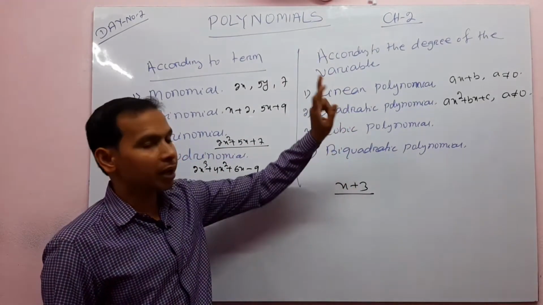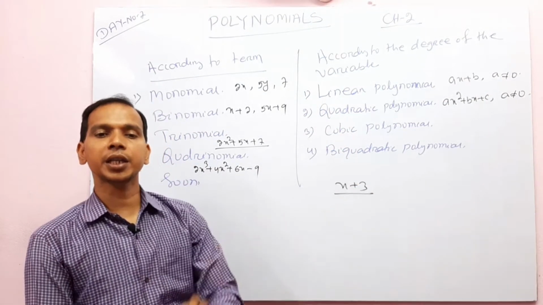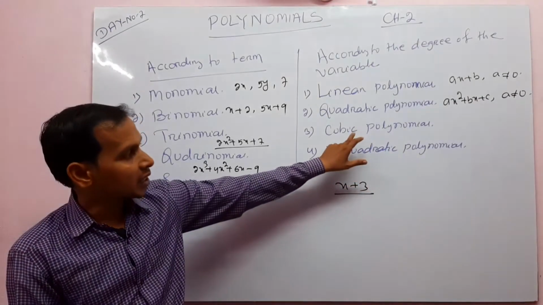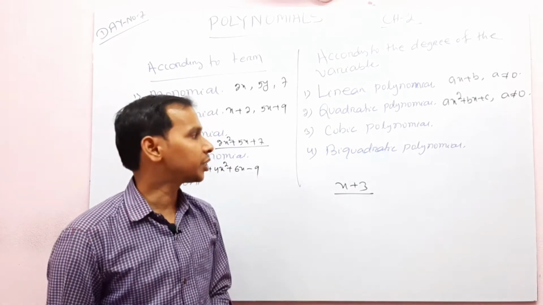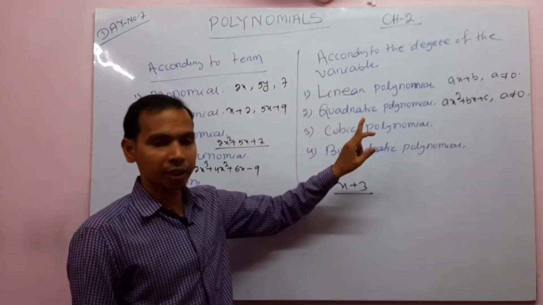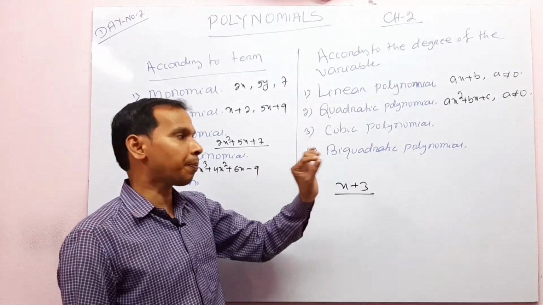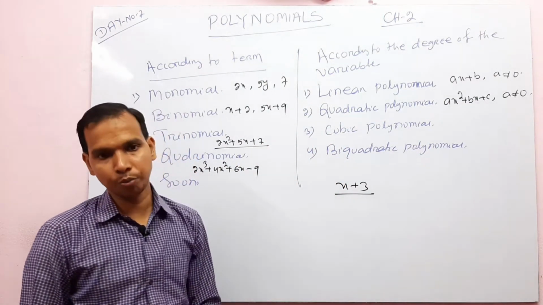The polynomial in which the maximum power of the variable is 3 is known as a cubic polynomial.